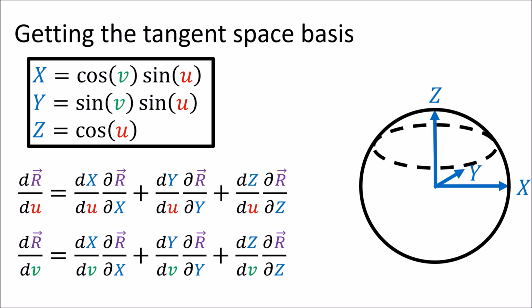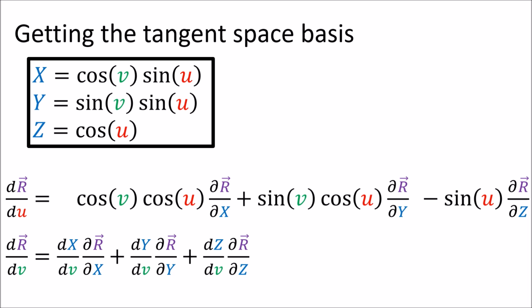So if we calculate these components dx by du, dy by du, and dz by du, we get these formulas here. Basically, after differentiating, this sine becomes a cosine, and this sine becomes a cosine, and this cosine becomes a negative sine.